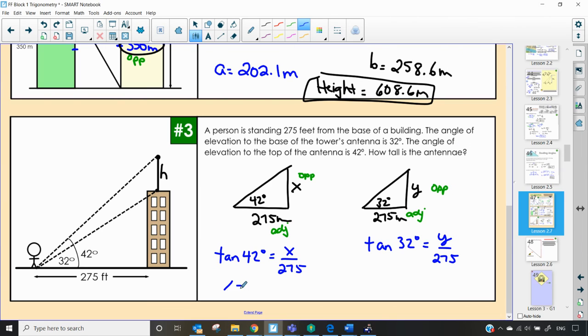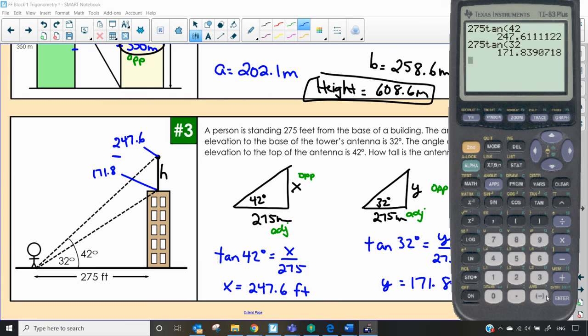So x is 247.6 and y is 171.8 feet. Now, we're being asked for the height of the antenna. Well, we know that one line of sight reaches up to 247.6, and we know that the other line of sight reaches 171.8. So ultimately, we're looking for the difference between those values.